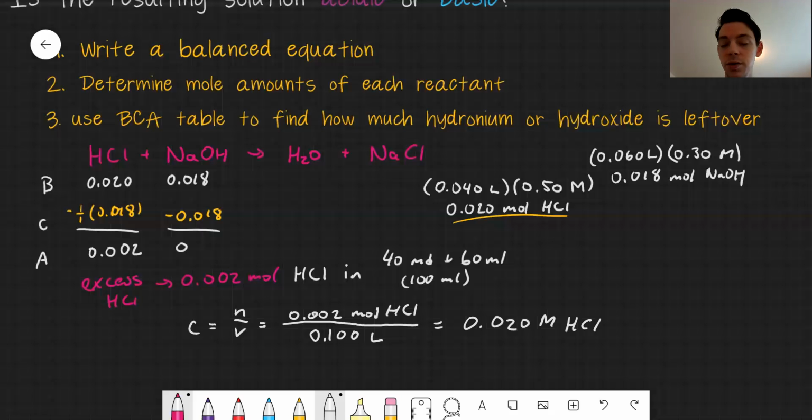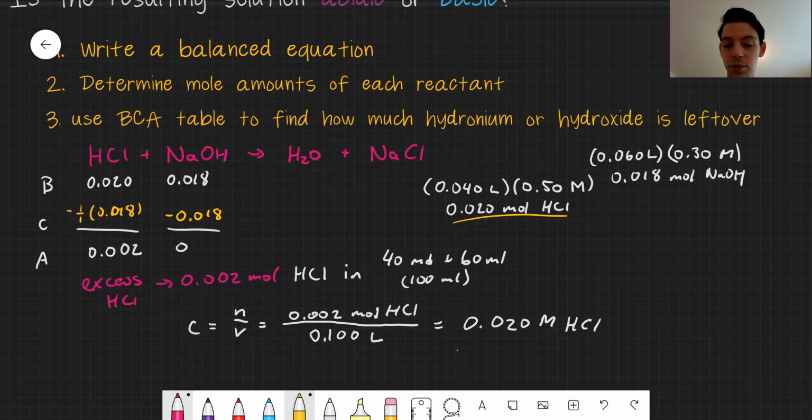Okay, so if you remember how we would find the pH of this, pH is the negative log of 0.02. This is going to be a pretty low pH. After we mix these two together, we still are left with a very acidic solution. Negative log 0.02 comes out to be 1.7.